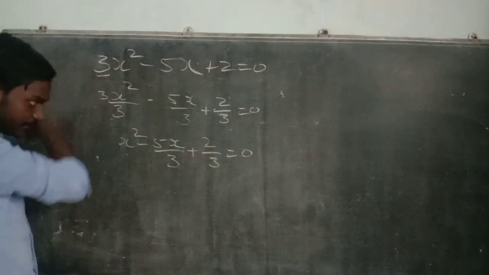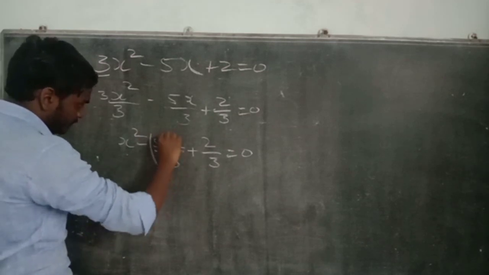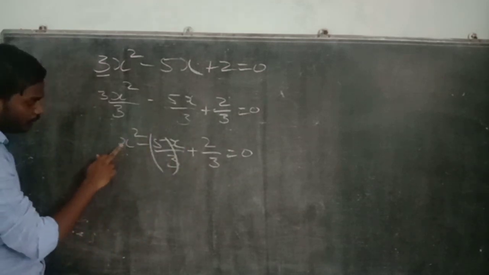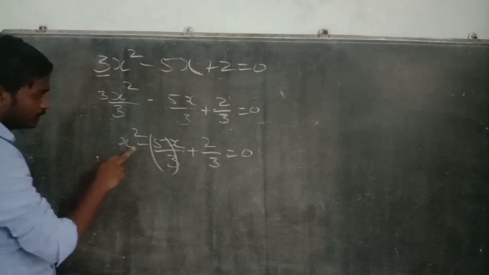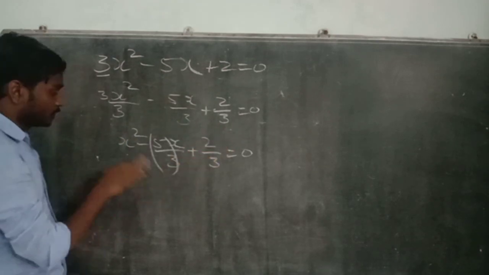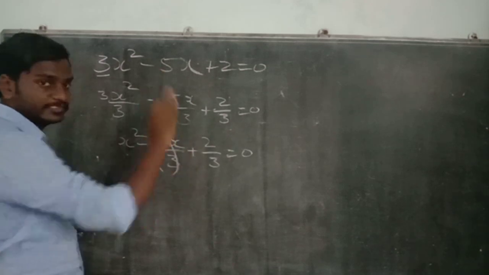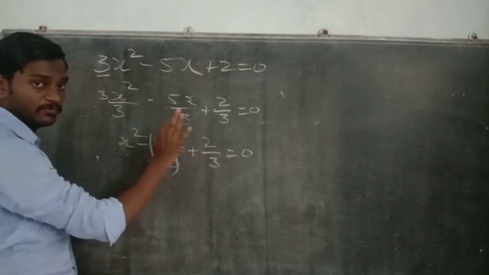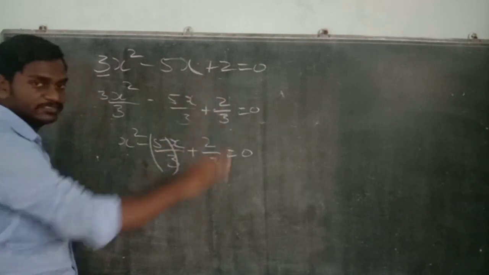Now look at the things here. What do we require? Here we are getting minus. That means, let me consider this as a minus b whole square. So that becomes a square minus 2ab plus b square. But this is not in the form of a square minus 2ab plus b square.